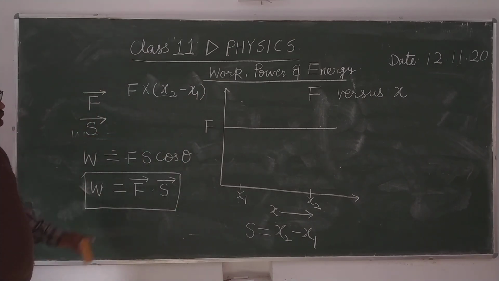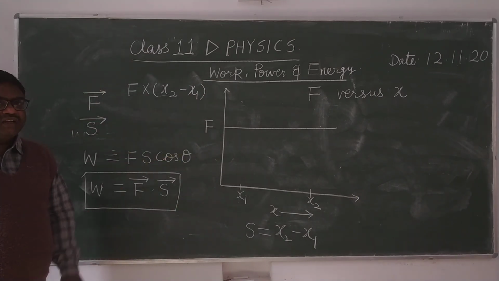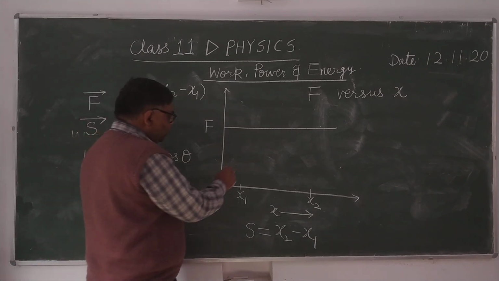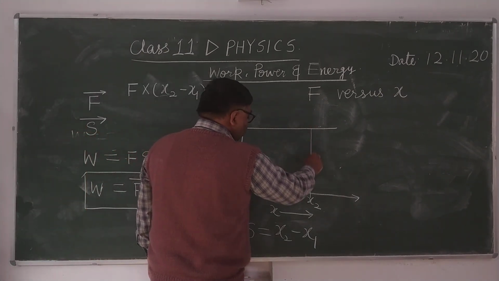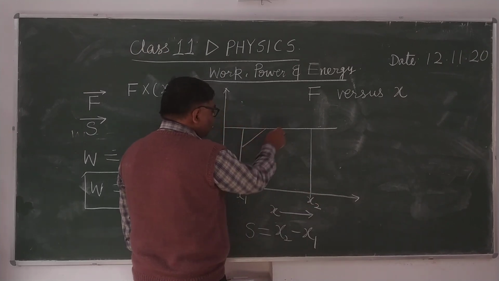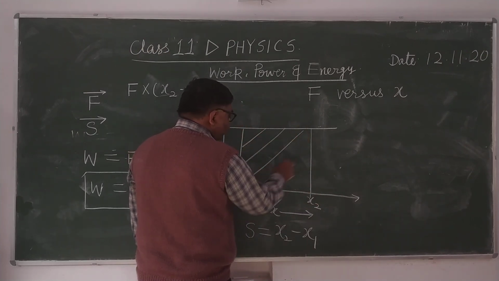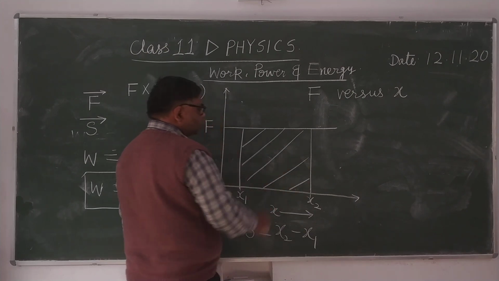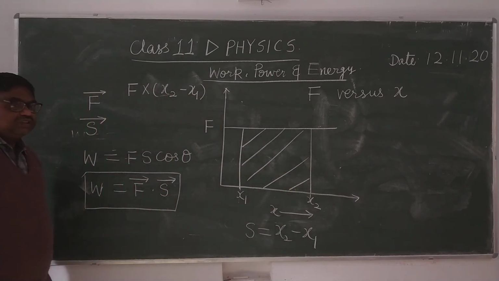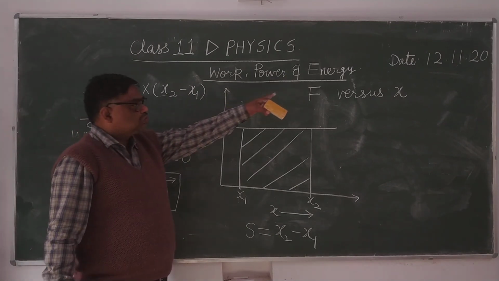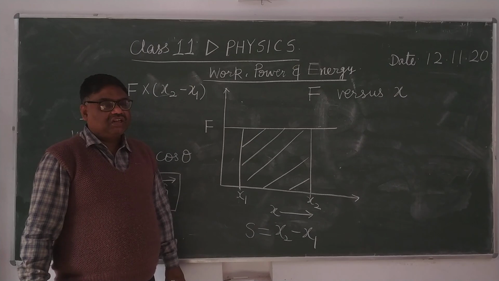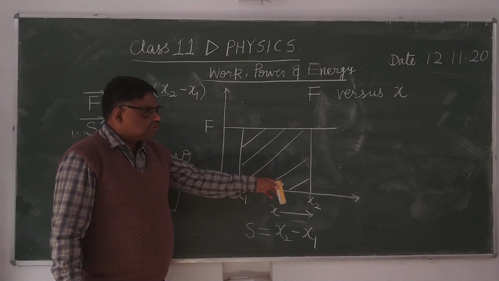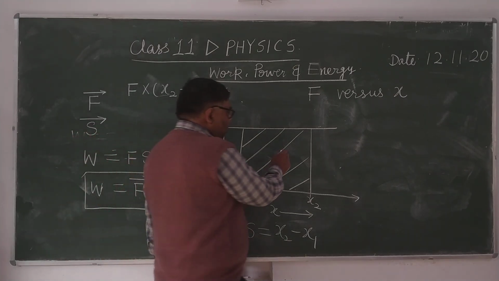Now, what will this product be? If you see here, this product will be equal to the area enclosed by the graph and the displacement axis, that is, the area under the force versus x curve, where x is the displacement in the direction of force.